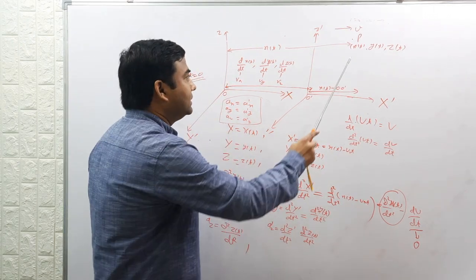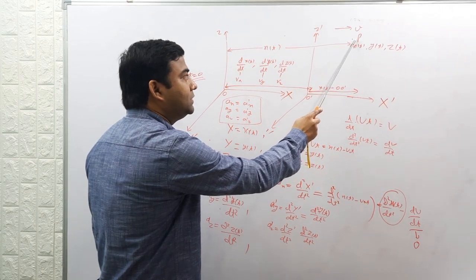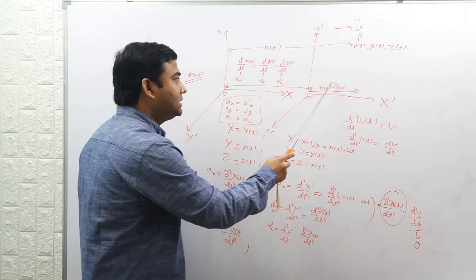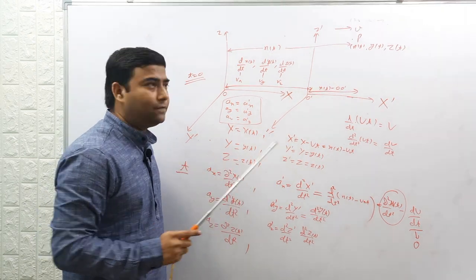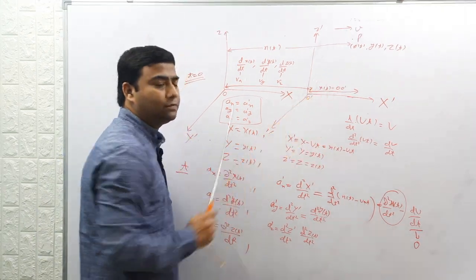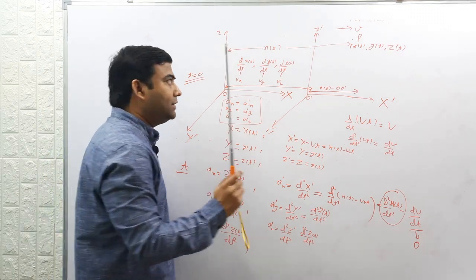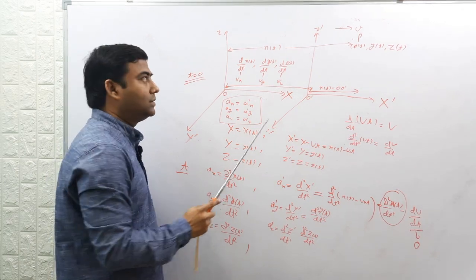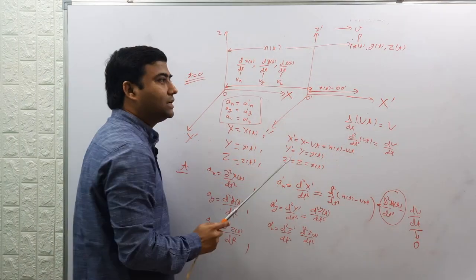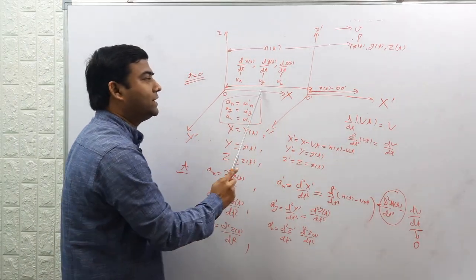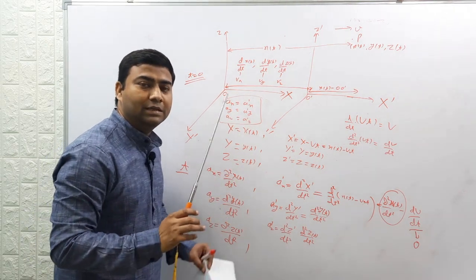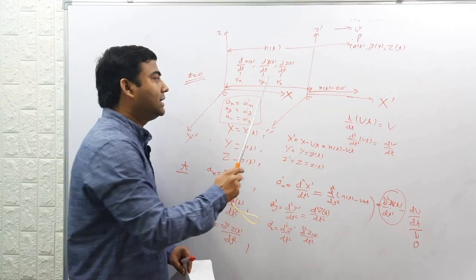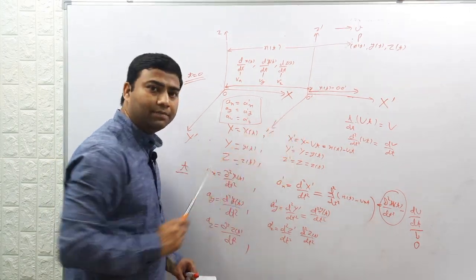So the motion of this particle will be the same from both frames if no force is applied on this particle. If the net force on this particle is 0, then the motion from both reference frames will not change with time, because acceleration from both frames is the same, as we have proved here.